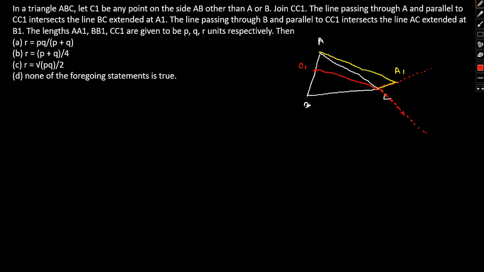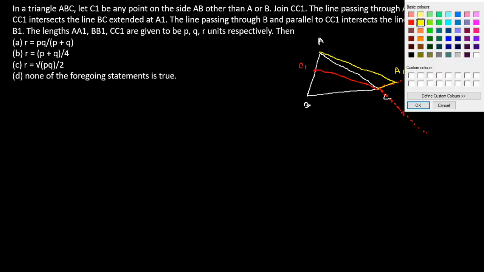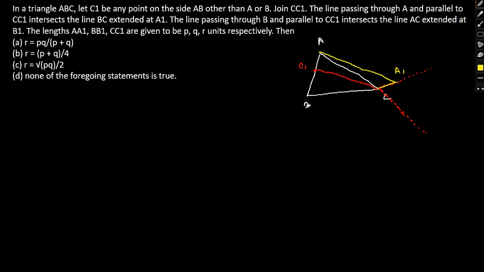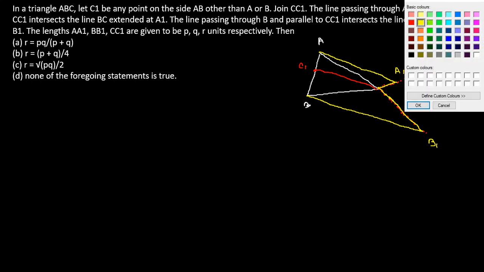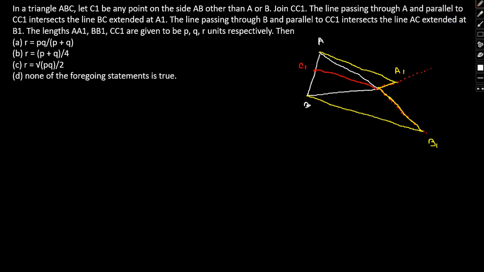Now I'm going to draw a line parallel to CC1 through B. It will be something on these lines. So this is B1. This is point C. So this is our figure.